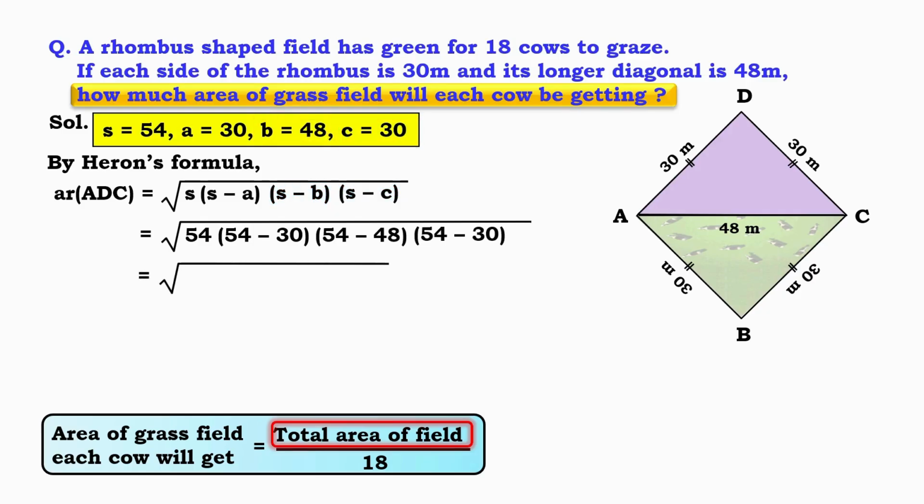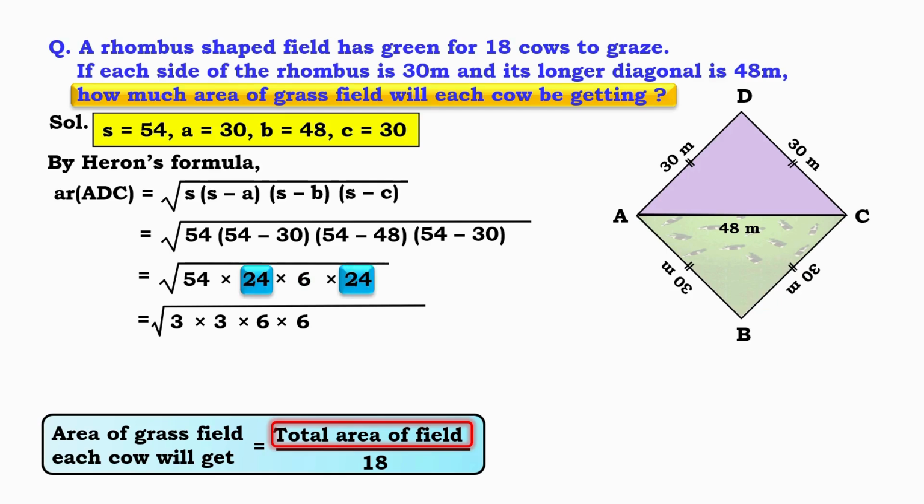Okay, now let's do the calculation. 54 into 24, then 54 minus 48 will be 6, and 54 minus 30 is again 24. Now let's factorize it. 54 we can write as 3 into 3 into 6, that is 9 into 6. 9 means 3 into 3, and let's take that 6 together.